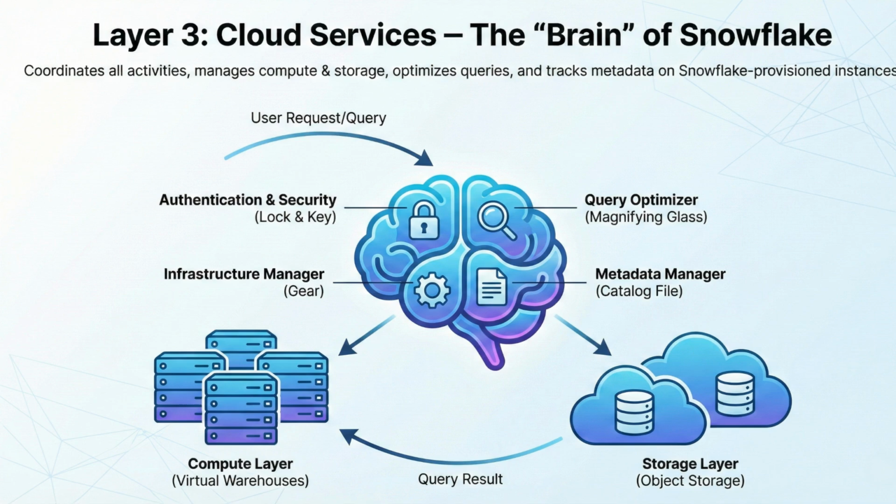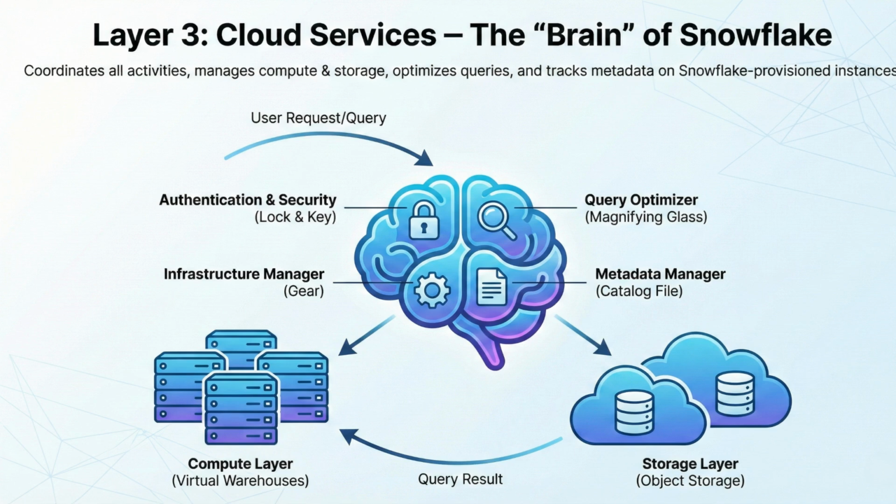The infrastructure manager then decides which virtual warehouse should execute the query and manages scaling behind the scenes. Once the plan is ready, the cloud services layer sends instructions to the compute layer, which processes the query using virtual warehouses, while data is fetched from the storage layer. After execution, the results are returned back to the user through this same layer.